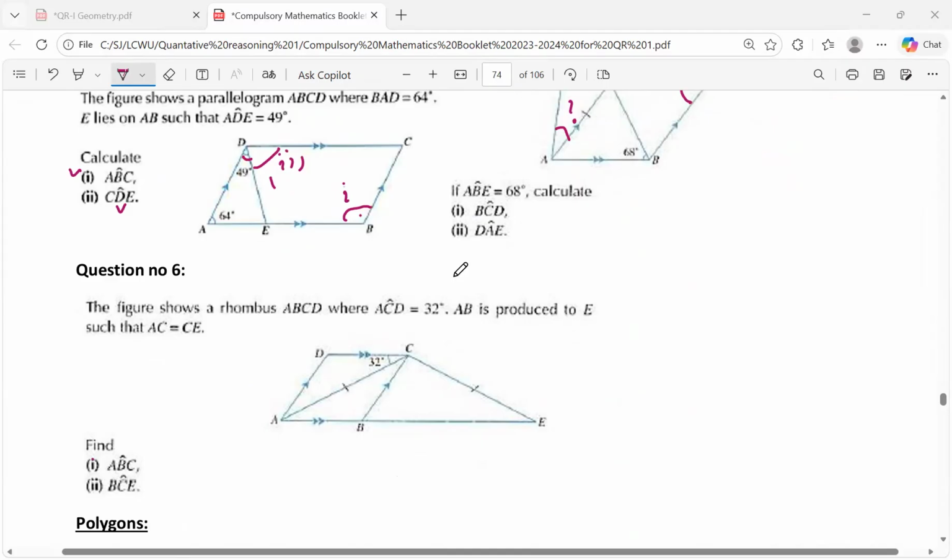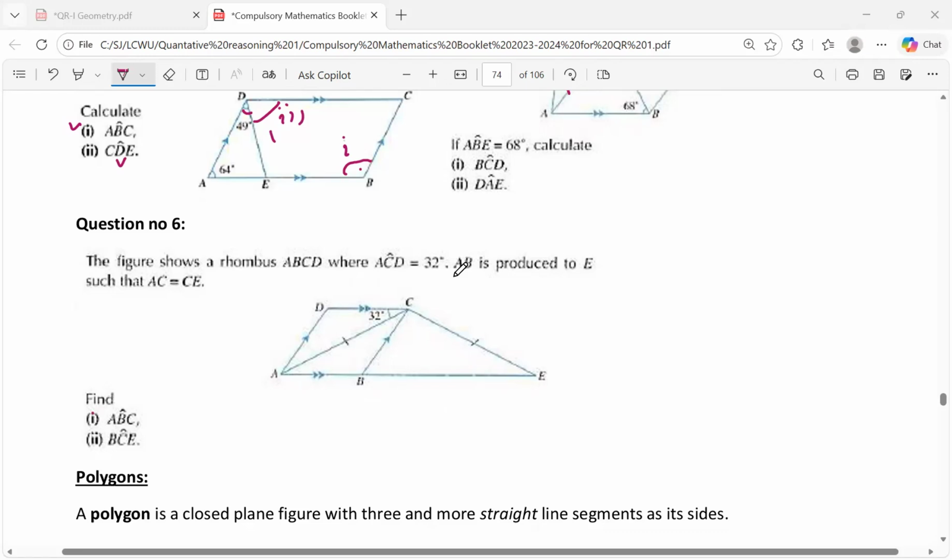The figure shows a rhombus ABCD with angle ACD equal to 32 degrees and AB is produced to E such that AC length is equal to EC. You have to find the angle ABC in the first case, and angle BCE in the second case. So let's find it.